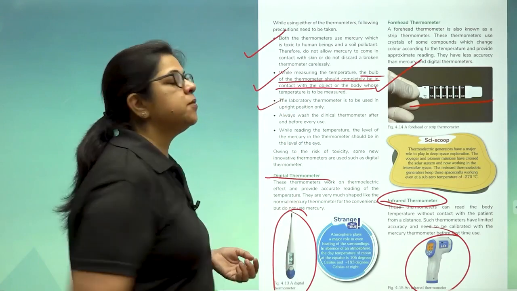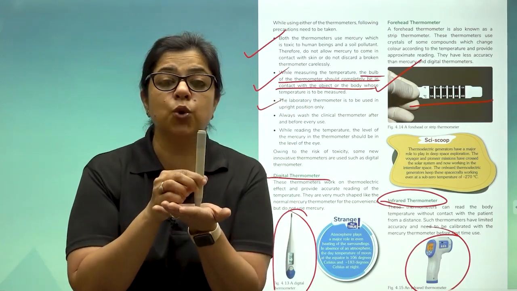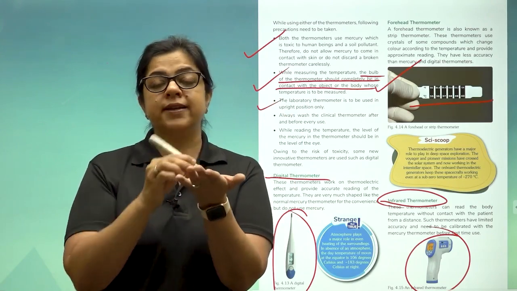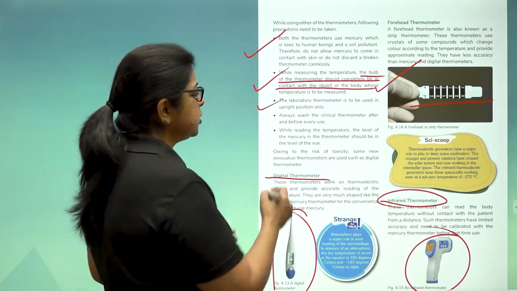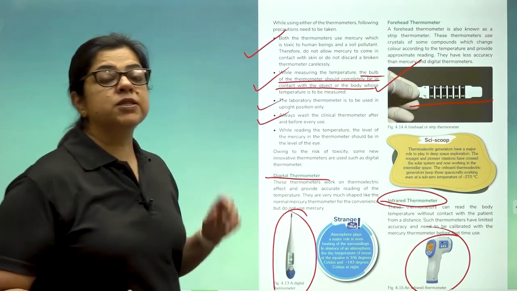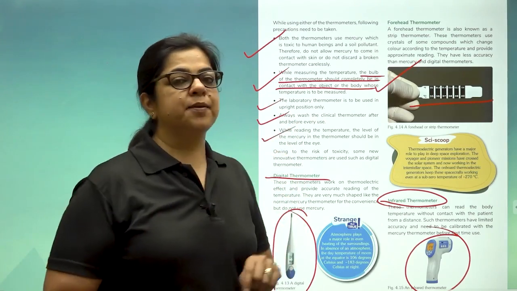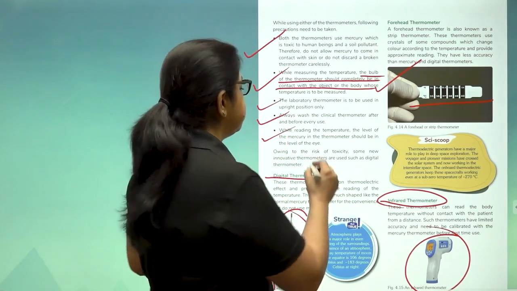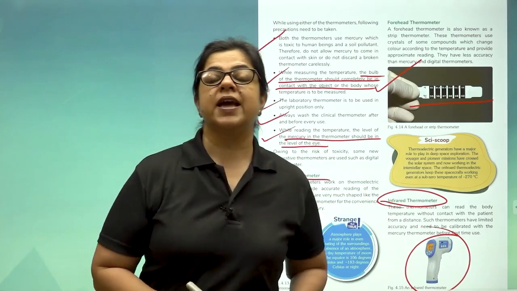A laboratory thermometer can only be used in an upright position because there is no kink. The moment you tilt the thermometer, the mercury is going to change its position. Thermometers must always be washed before using, and while reading the temperature on the thermometer, the mercury of the thermometer should always be at the level of the eye.